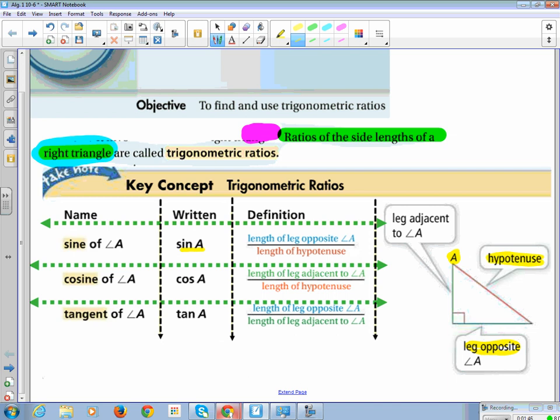You can identify the hypotenuse because it's the longest side. We did that in the Pythagorean theorem section. So the sine of A is a ratio between the opposite side and the hypotenuse. To identify opposite, you just go to the one across from that angle.